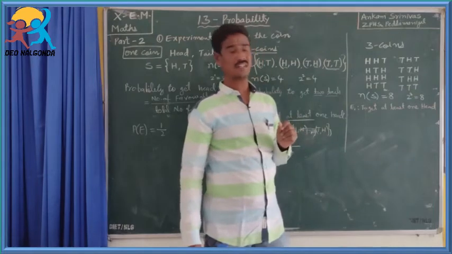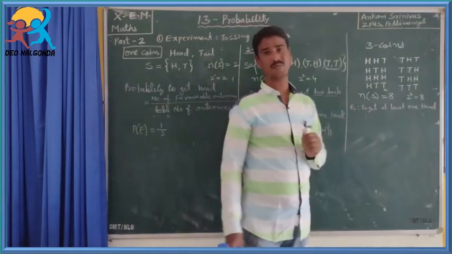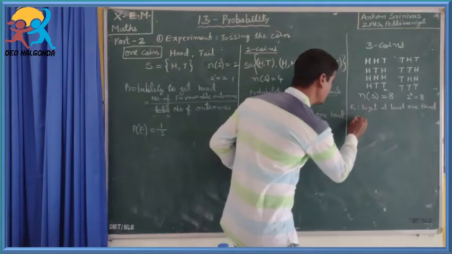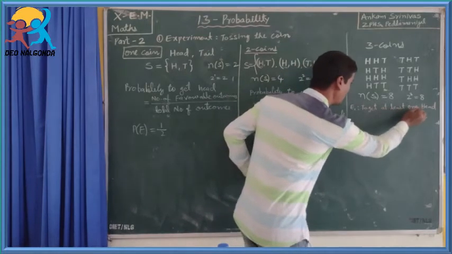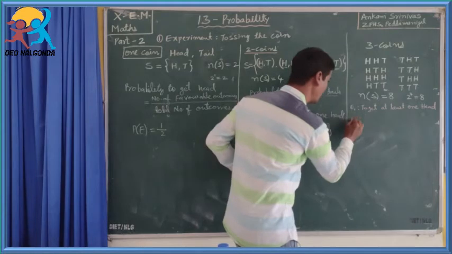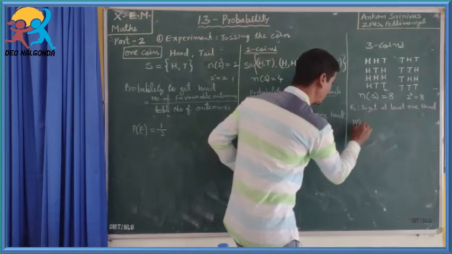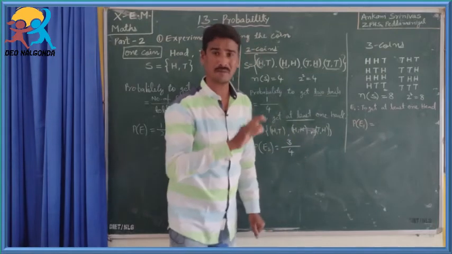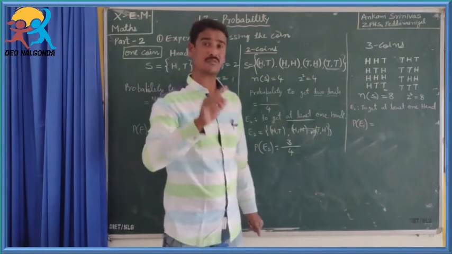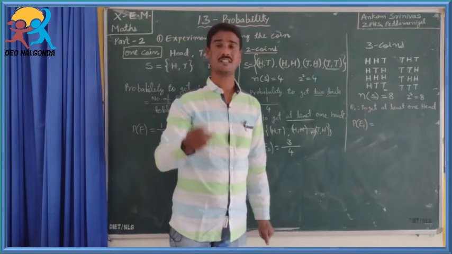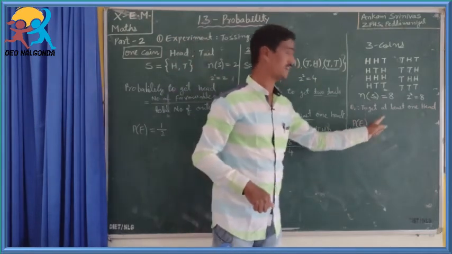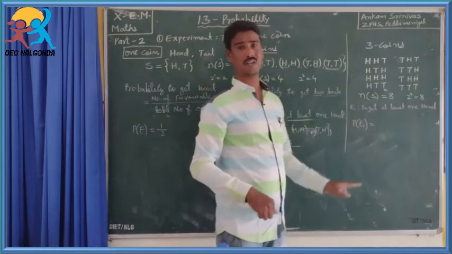My dear children, what is the probability to get at least one head? Probability of the event: probability to get at least one head when tossing 3 coins at a time.